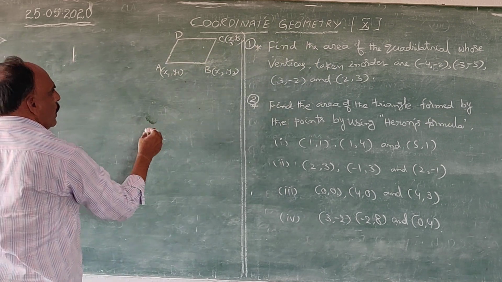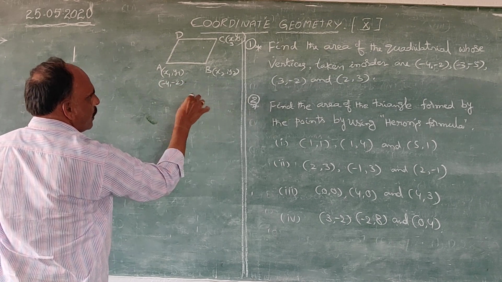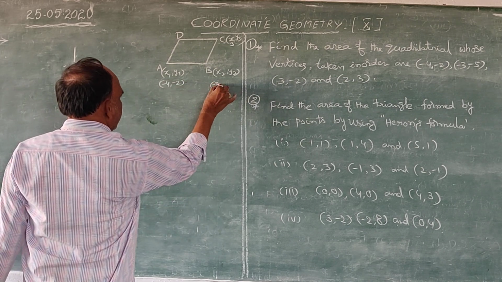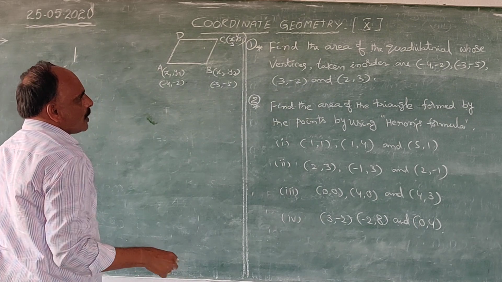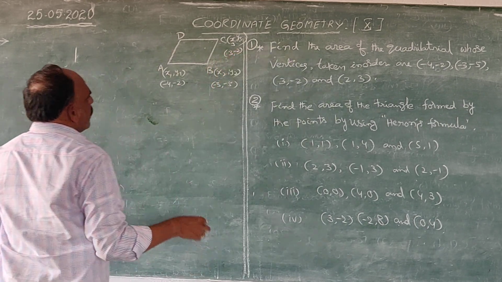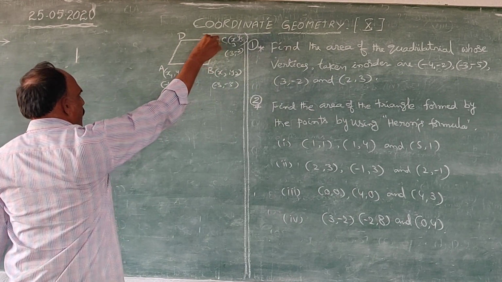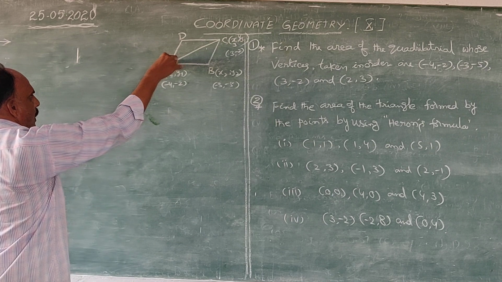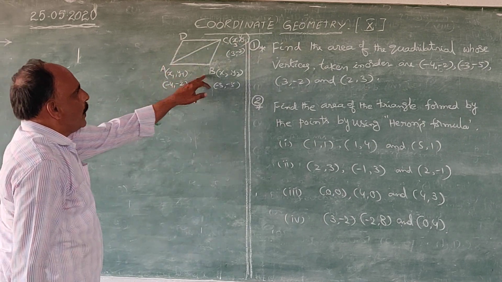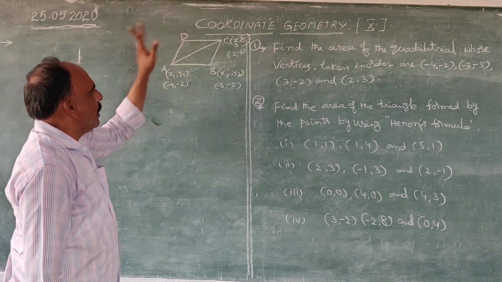Now given A (-4, -2), B (-3, -5), and C (3, -2). Then the quadrilateral is divided into two triangles. They are ABC, one of the triangles, and the second one, ACD.